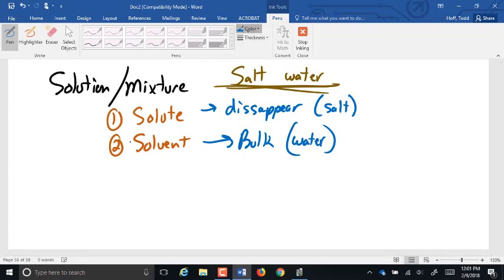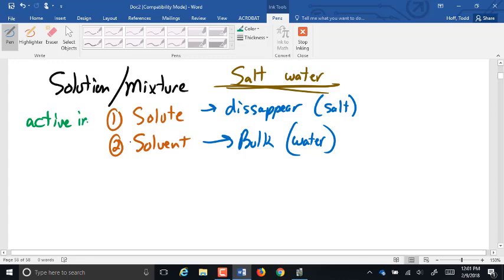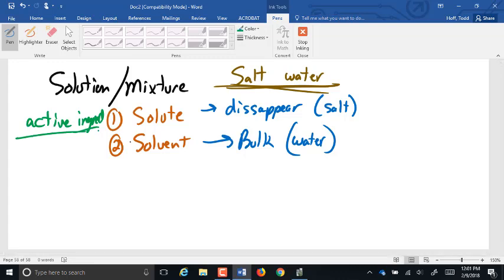Well, the amount of that solute is usually what we consider the active ingredient. Since this is medical math, math for health professionals, we're going to be looking at dissolving medications into water, or dissolving medications into solution. That would be the amount of the medication.